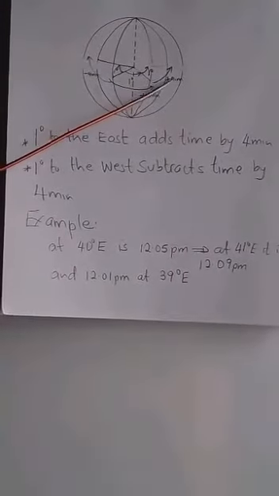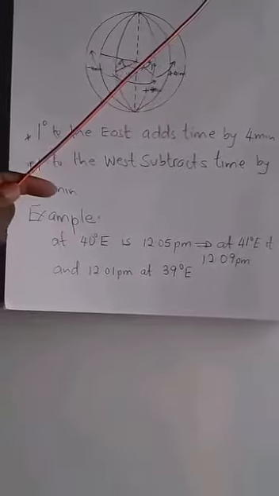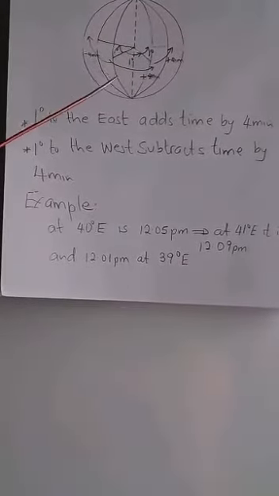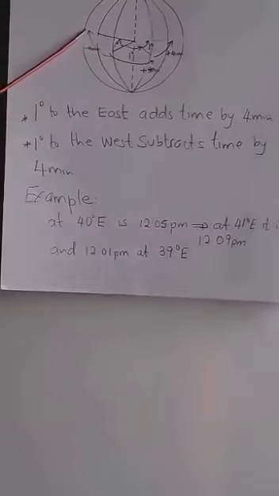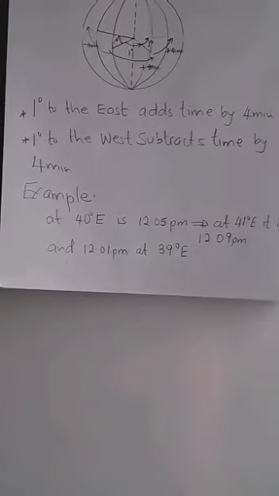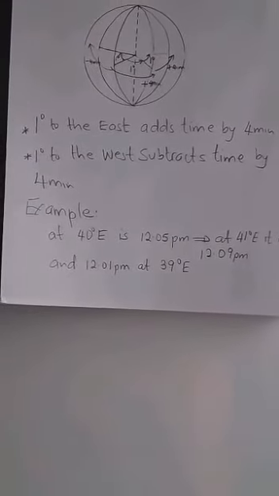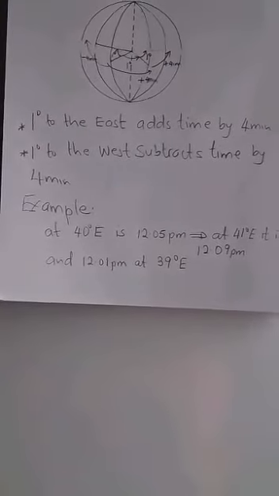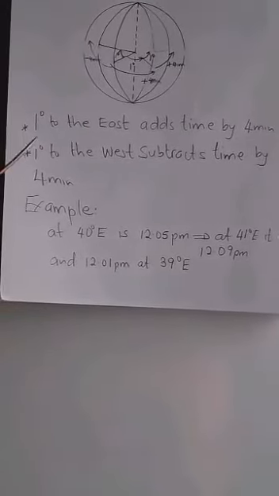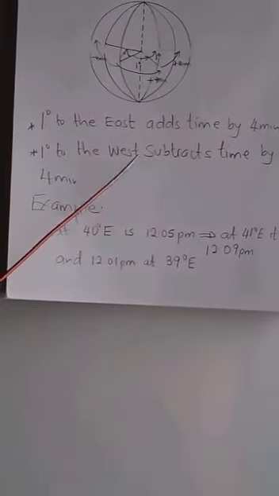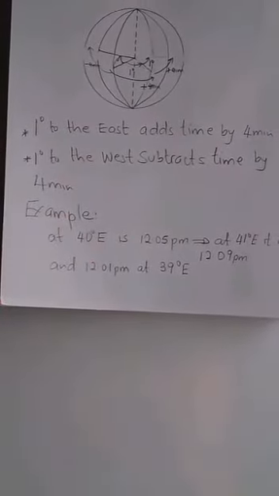If you move yet another degree, you gain 4 more minutes. If you move 1 degree to the west, you lose 4 minutes. So 1 degree is equivalent to 4 minutes of time gain or loss. 1 degree to the east adds 4 minutes; 1 degree to the west subtracts 4 minutes.